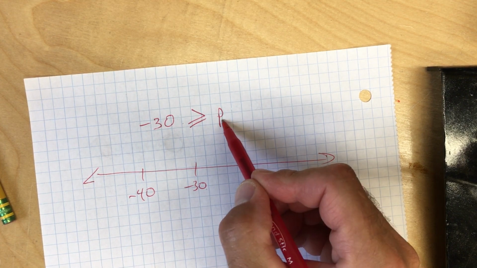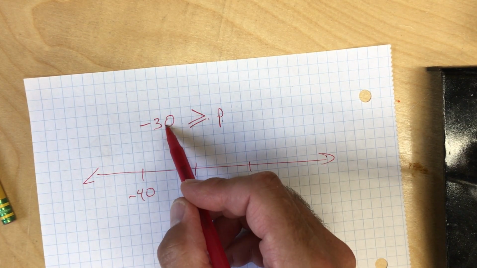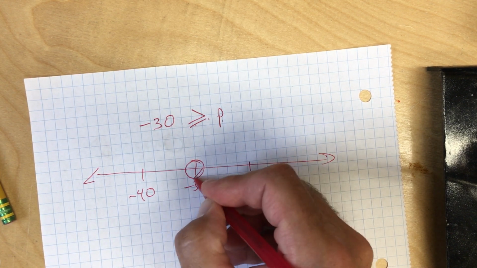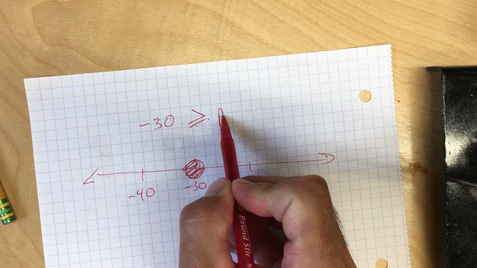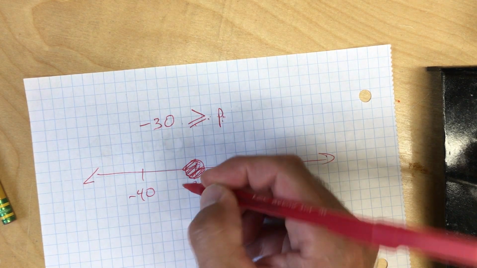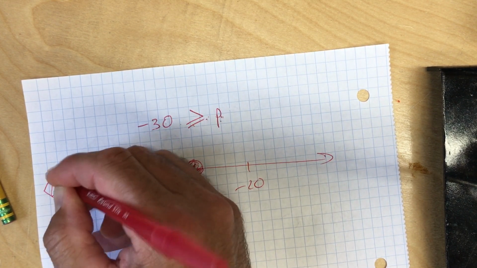So we want p less than or equal to negative 30. So I'm going to find the negative 30. It's an equals. I'm going to fill it in. And you kind of have to read this backwards. You want p, the numbers, less than negative 30. So less than is that direction.